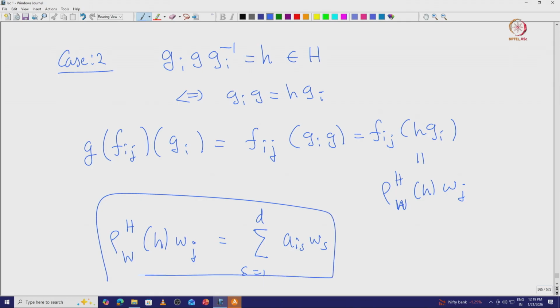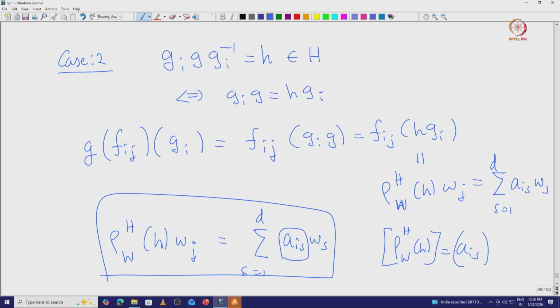Now you can see that these coefficients Ais are indeed coming from the operator h acting on this capital W, and when you write h acting on Wj as a linear combination of Ws, the coefficients Ais are the coefficients of that matrix rho W of h. So, this matrix is exactly Ais.